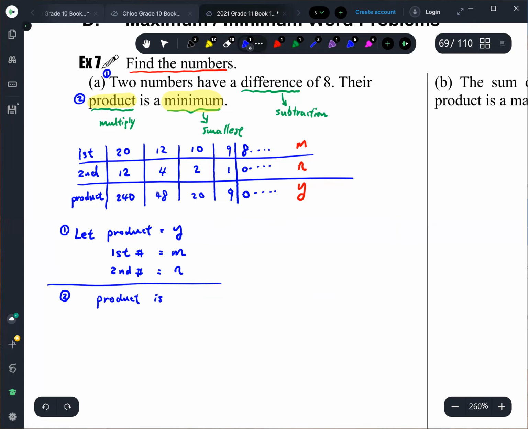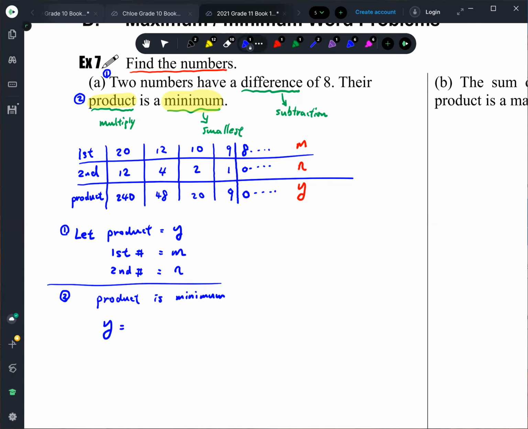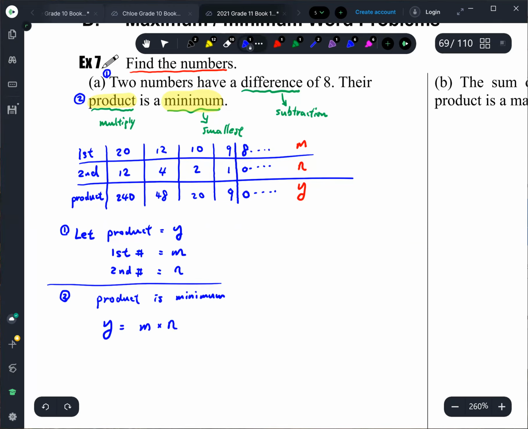Product is minimum. From this sentence, we can write the equation. Product, which is y, is minimum. Minimum product means you multiply the two numbers, so it'll be m times n.